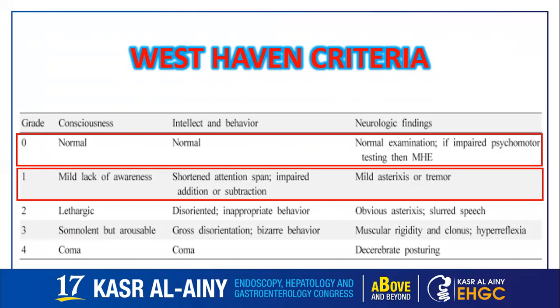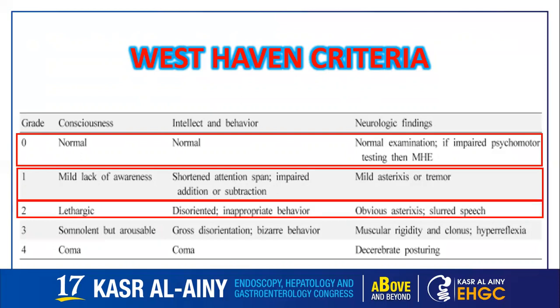Asterixis is more obvious from grade 2 and on. Of course, in grade 2, the patient is a little lethargic, disoriented, and may exhibit some inappropriate behavior with obvious asterixis and slurring of speech.